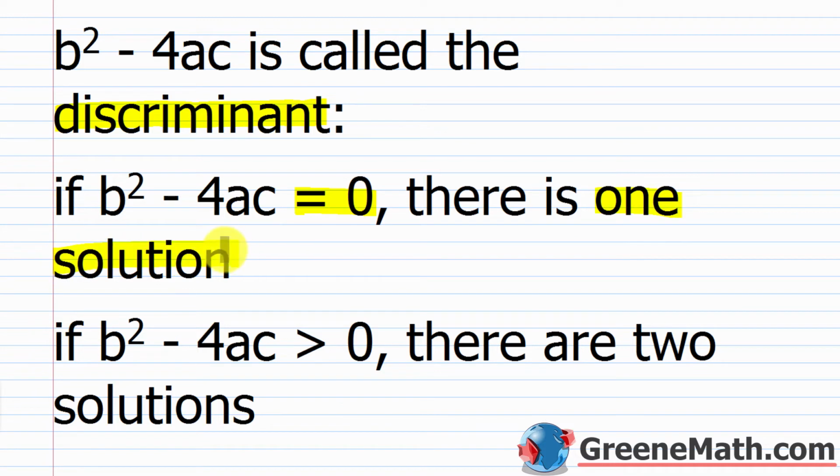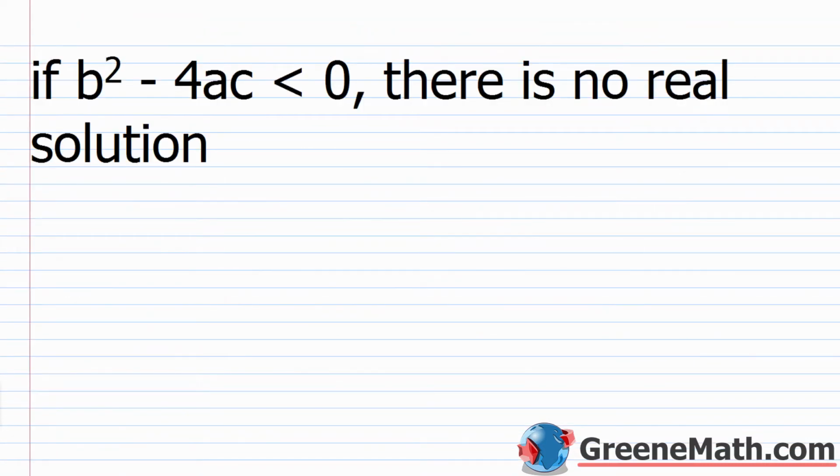If b squared minus 4ac is greater than 0, like we just had in the last example, there are two solutions. And if b squared minus 4ac is less than 0, there is no real solution.